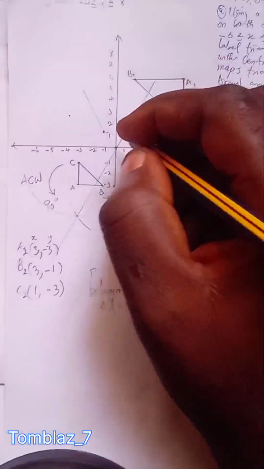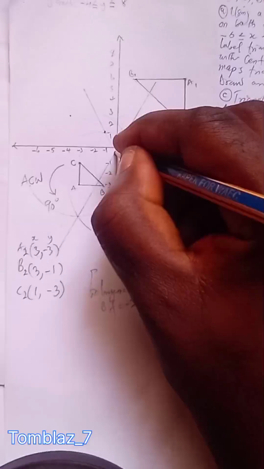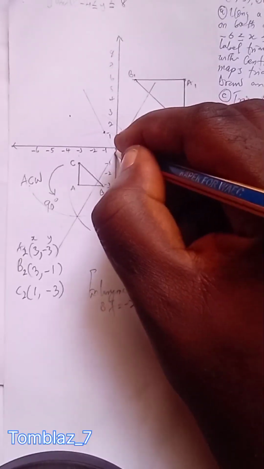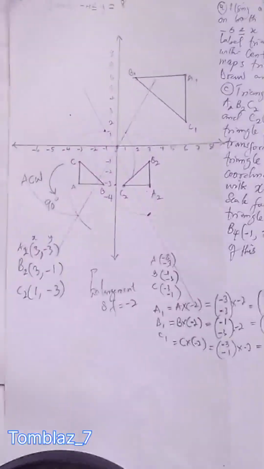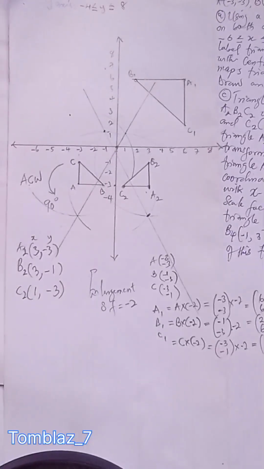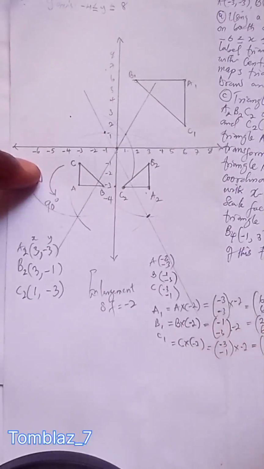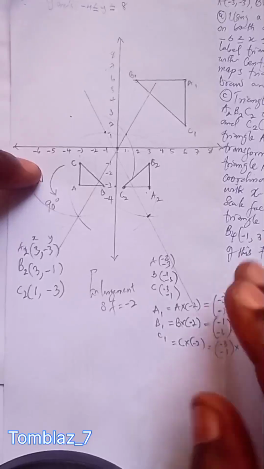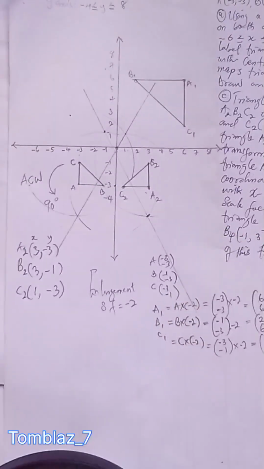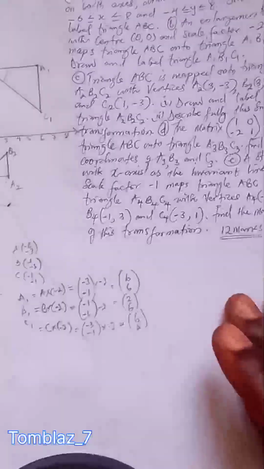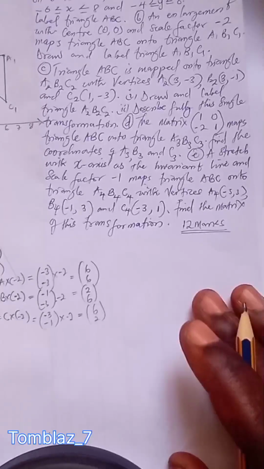If you had used your graph sheet, you would get that center perfectly. So it is at the origin 0, 0, right? If they say we should describe fully that transformation, that's how we're going to describe it.